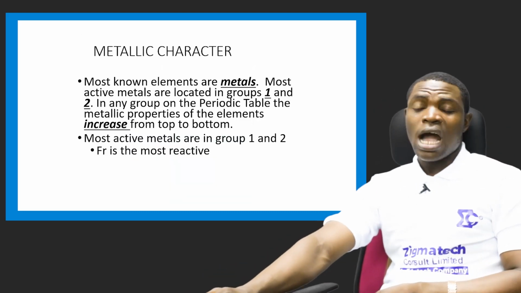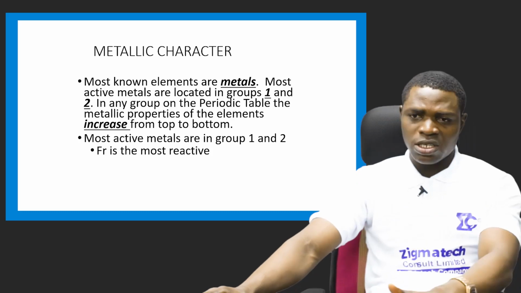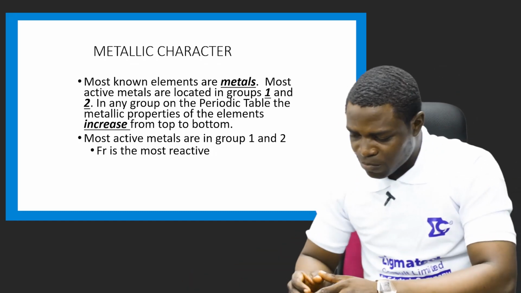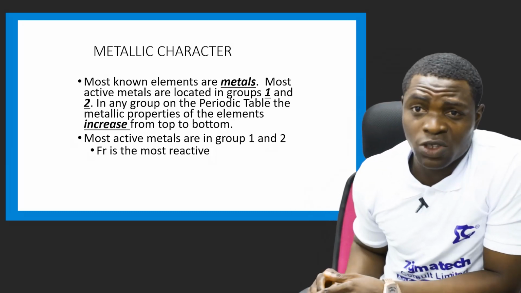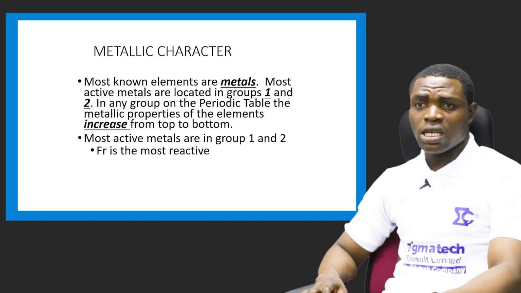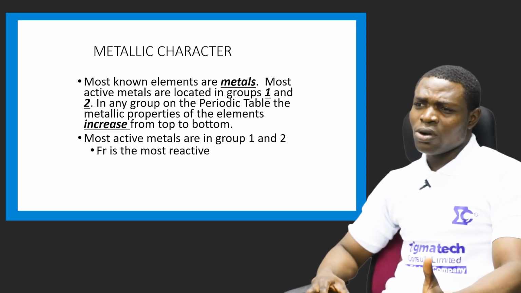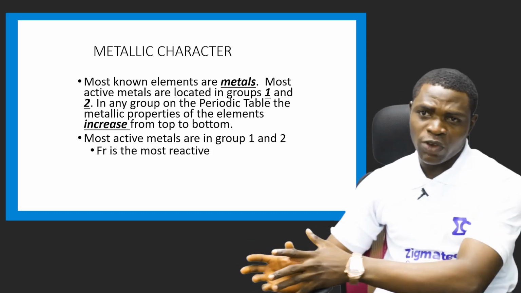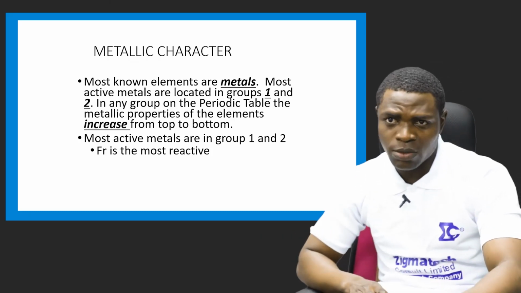I'm not going to close this teaching without telling you about the metallic character. This has been surfacing in past questions, and you will understand this concept better if you look at the previous lesson on the concept of the periodic table.